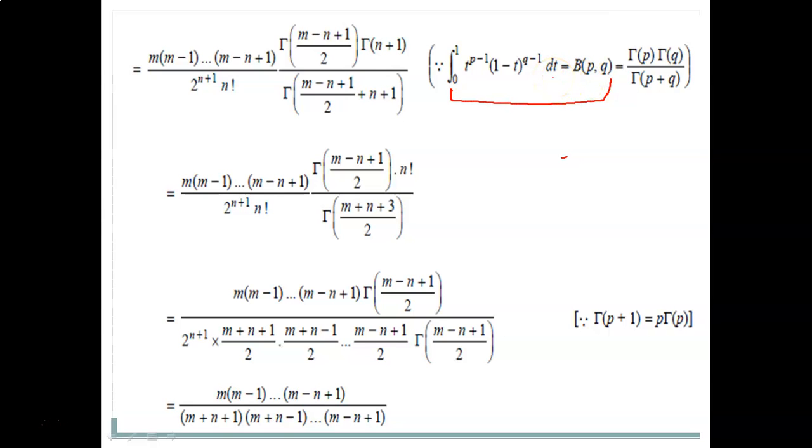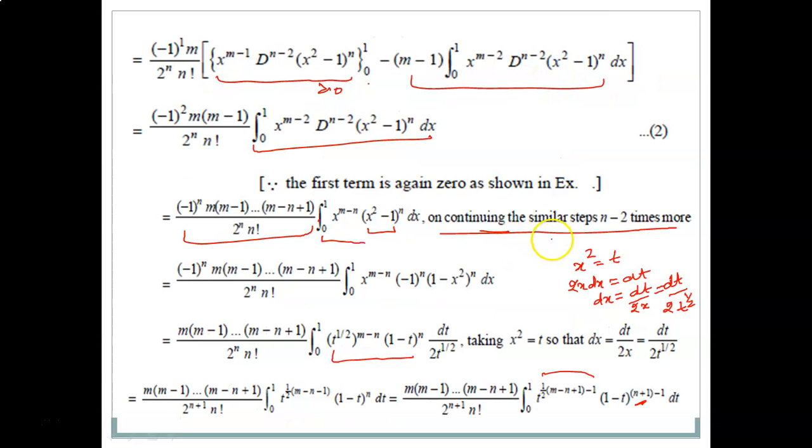So in our case, we have written t raised to power 1 by 2 m minus n plus 1. This part is in place of p minus 1, and in place of q, here we have n plus 1, so this is in place of q.